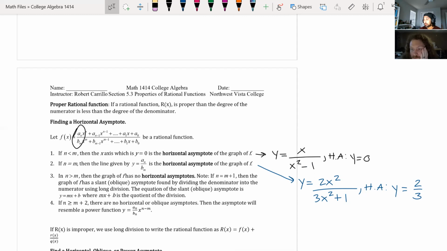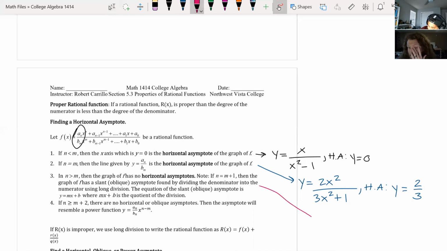So if the numerator is bigger by 1, then we have an oblique or linear asymptote. And the only way to find this linear oblique asymptote is by long division. And once you use long division, your quotient would be in the form of y equals mx plus b.